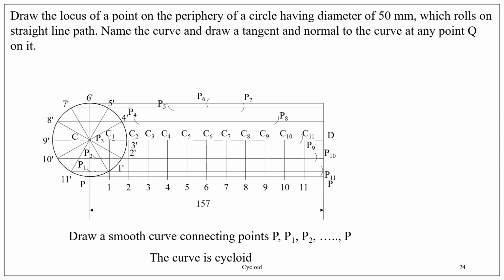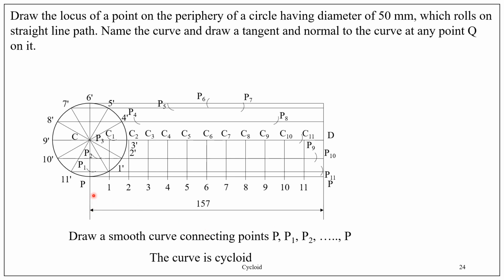In the drawing sheet, point P on the left hand side is the starting point of the cycloid, and point P on the right hand side is the end point of the cycloid.